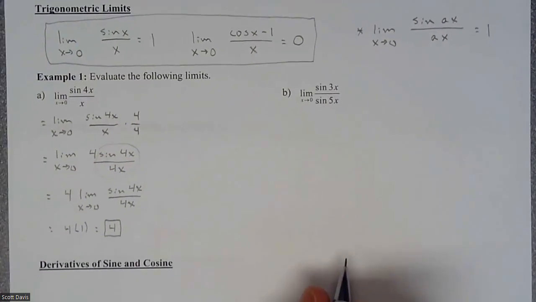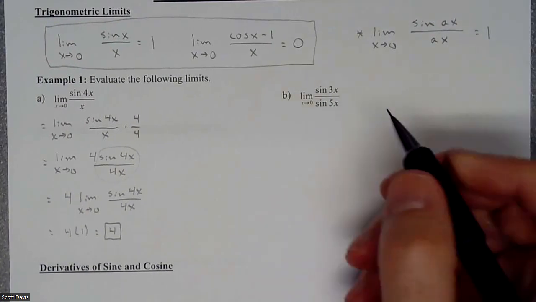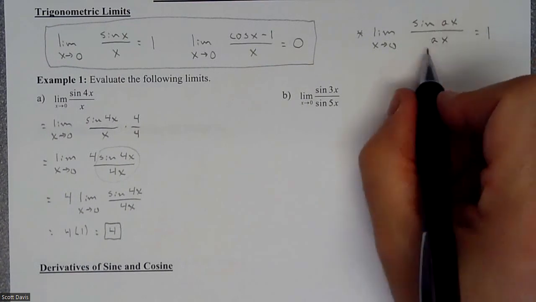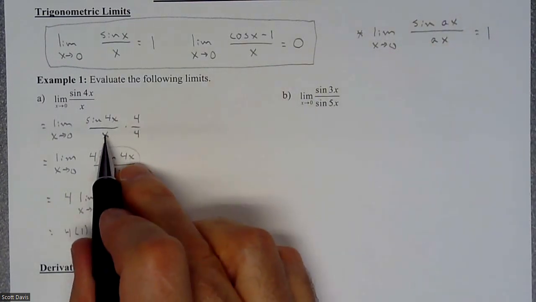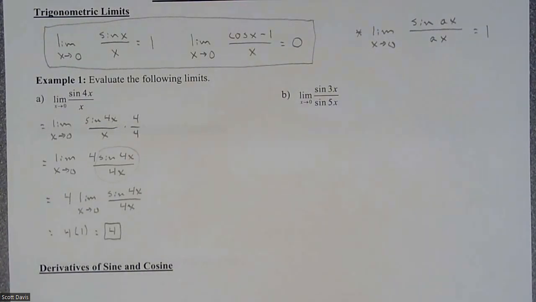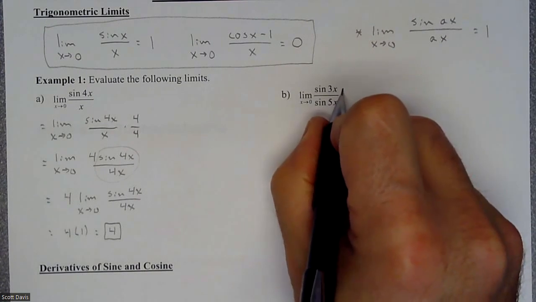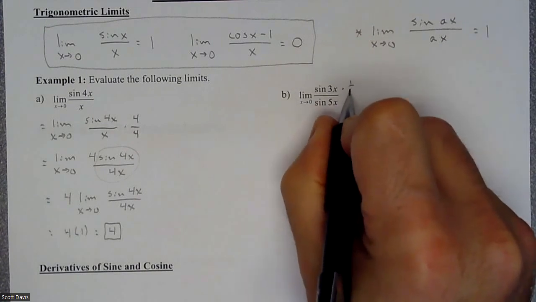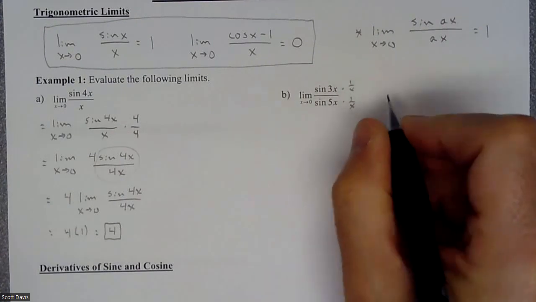Right? And then we have another one that involves sine, but this time they are different. So how on earth are we going to make this look like this when we don't even have just a variable that's not involved in a trig? So we've got some manipulation that we can do. First thing we can do is multiply this piece by 1 over x, which means we would multiply this piece by 1 over x.